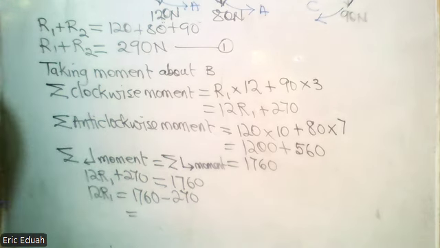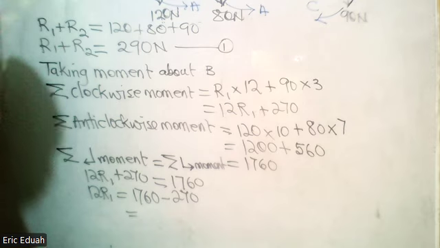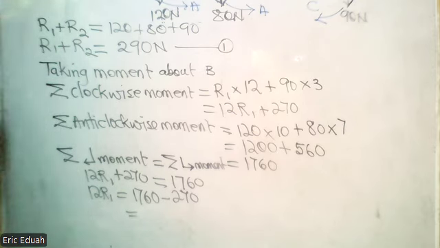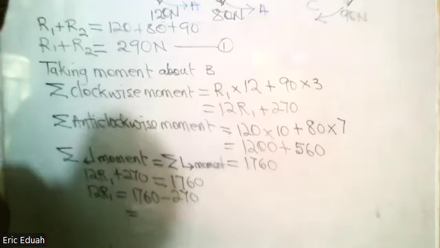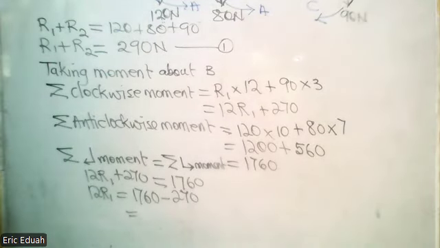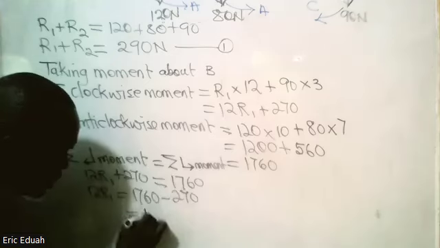What is 1,760 minus 270? Get that for me. 1,490. Let's hurry up, please, with our responses.